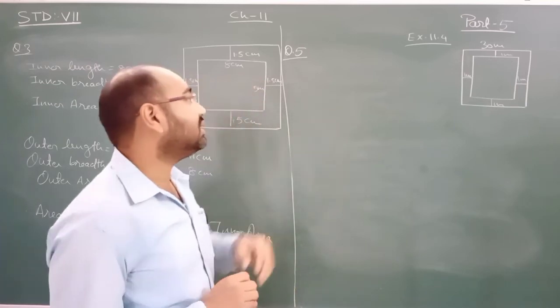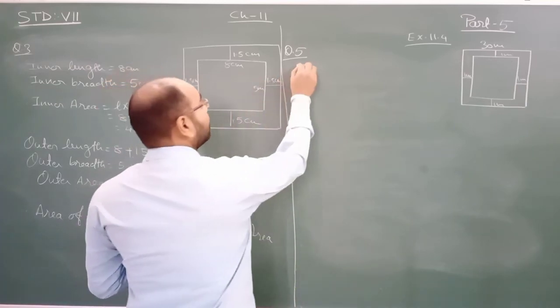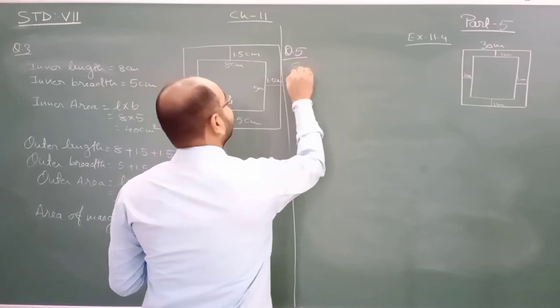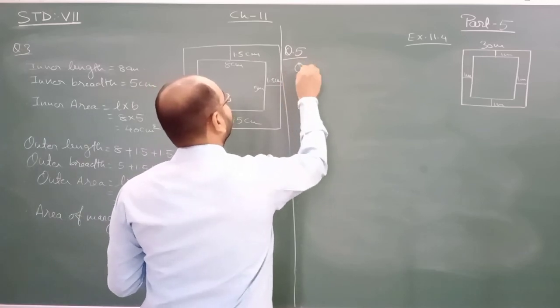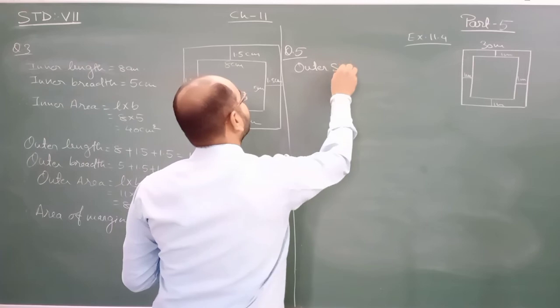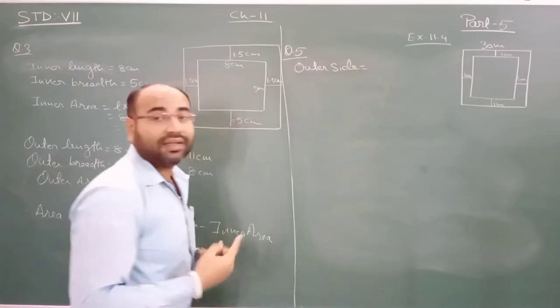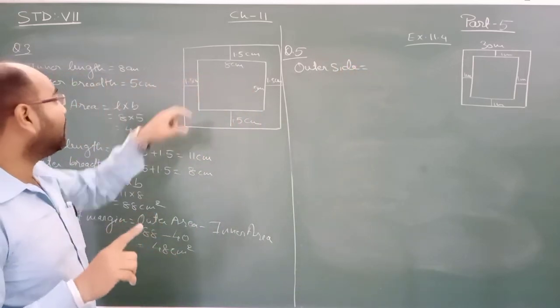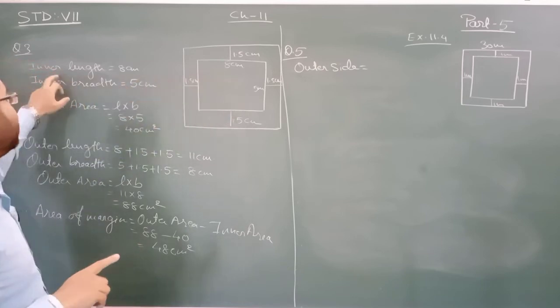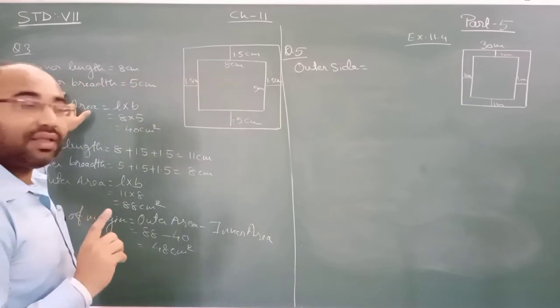So as it is in a square shape and square garden, so what we will write, outer side, क्योंकि बाहर का दिया है that's why we'll start with outer, यहाँ पे अंदर का दिया था that's why we used to start with inner.